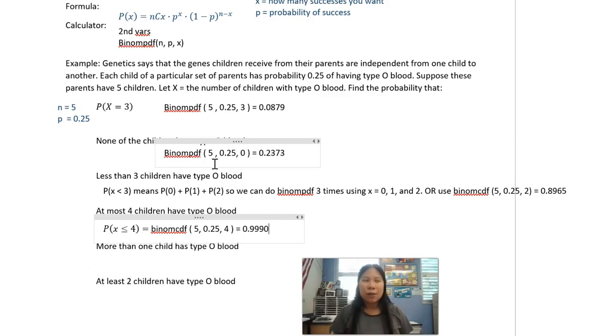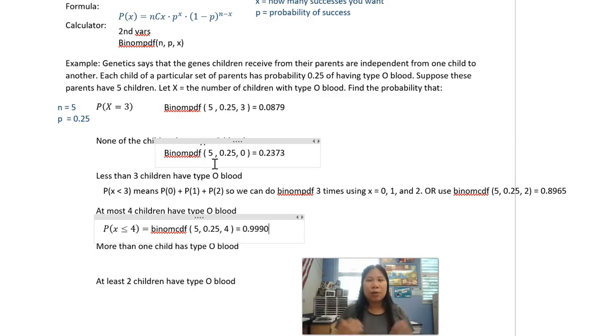So if we don't want 0 and 1, we could figure out what those probabilities are, but then subtract it from 1. Because remember, in a probability distribution, all your different outcomes should add up to 1. So if you found the probabilities for 0, for 1, for 2, for 3, all the way through 5, all those probabilities together should add up to 1.